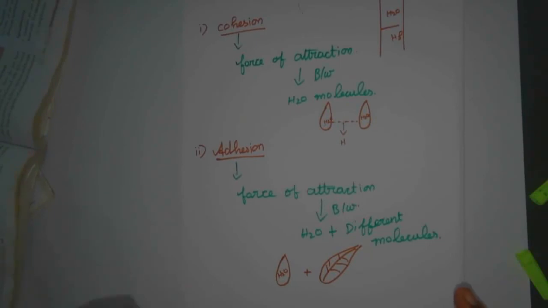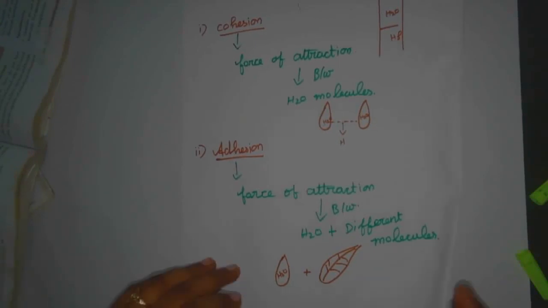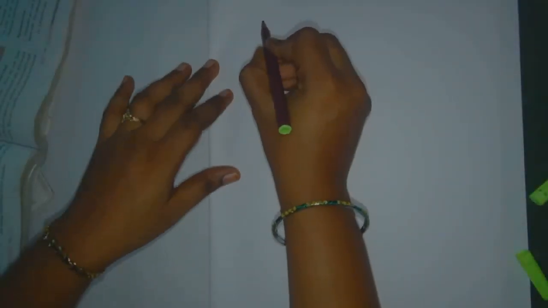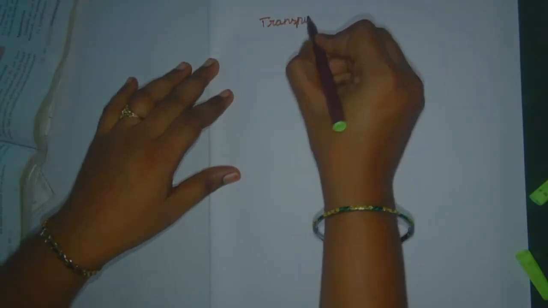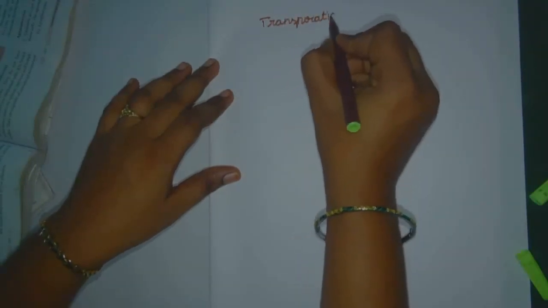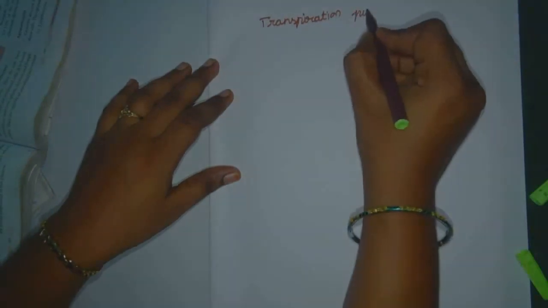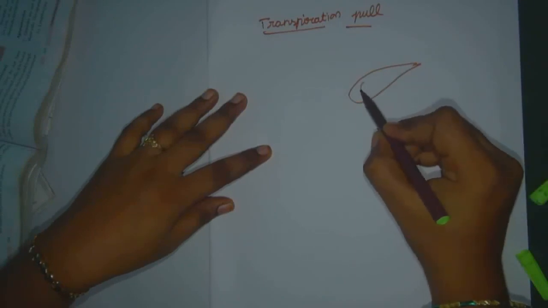In the ascent of sap there is another topic also, the last one: the transpirational pull. The transpirational pull is created in the stomata part.